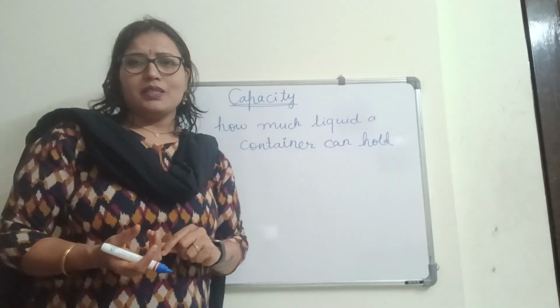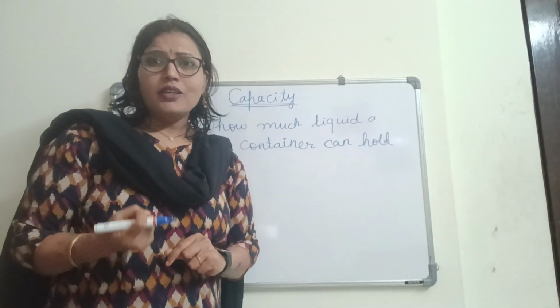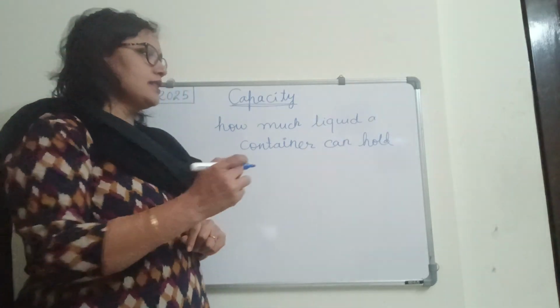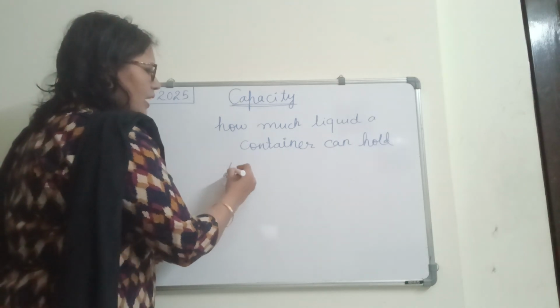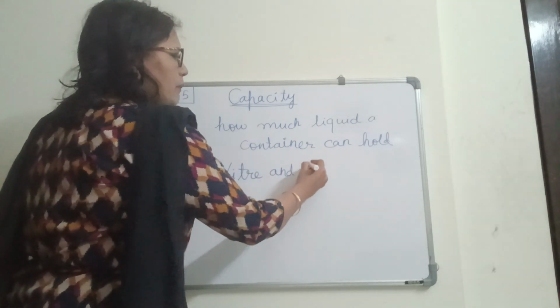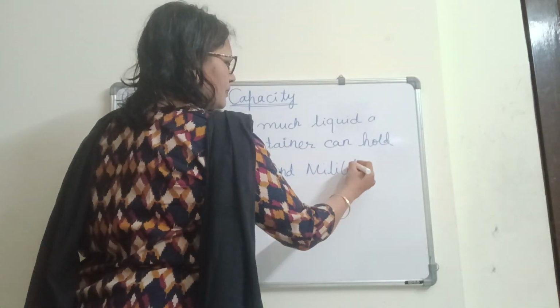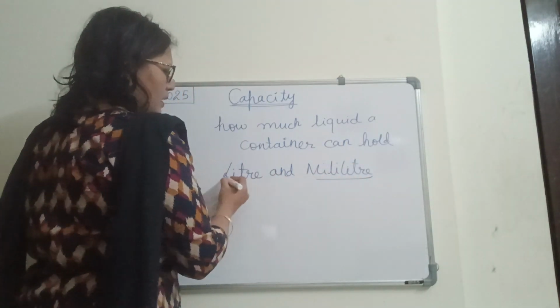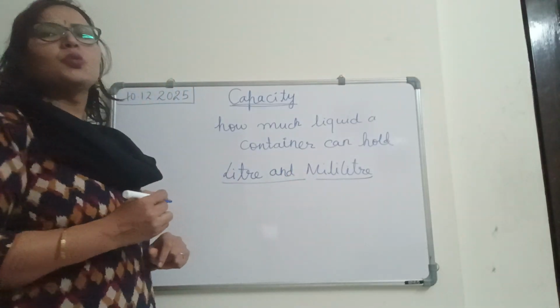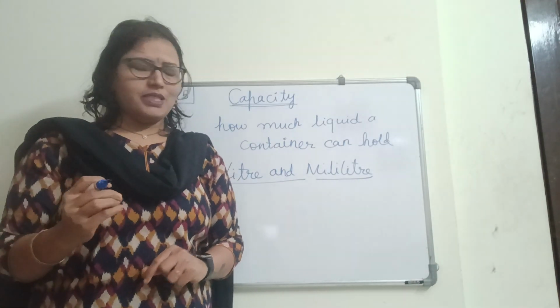What is the standard unit of this capacity? The standard unit to measure this capacity is liter and milliliter. These are the two units which we are using to measure the capacity.